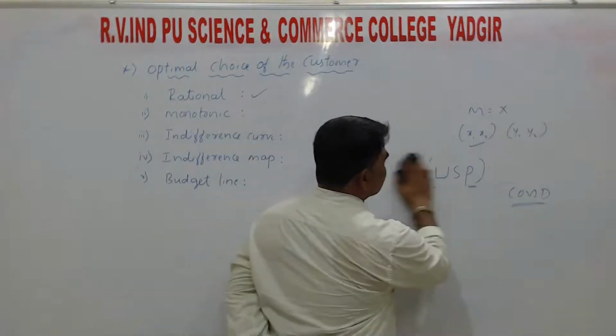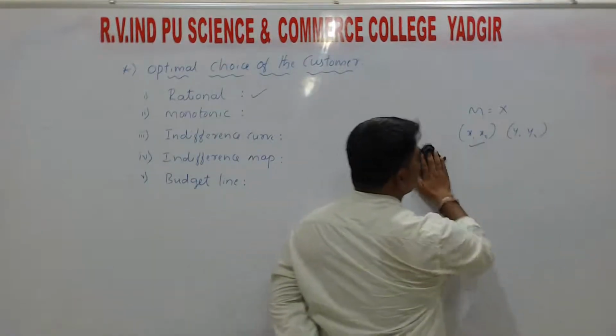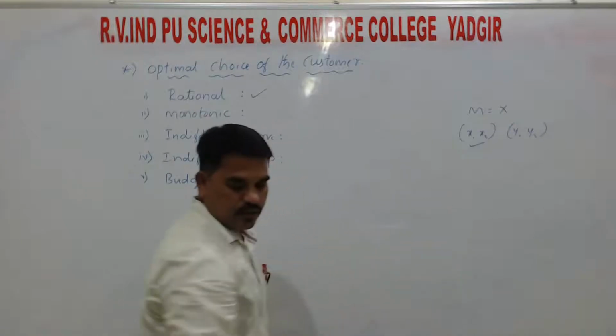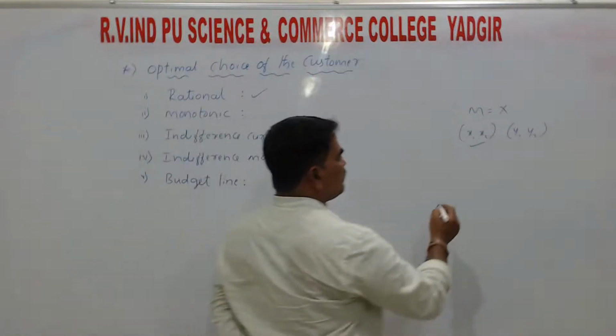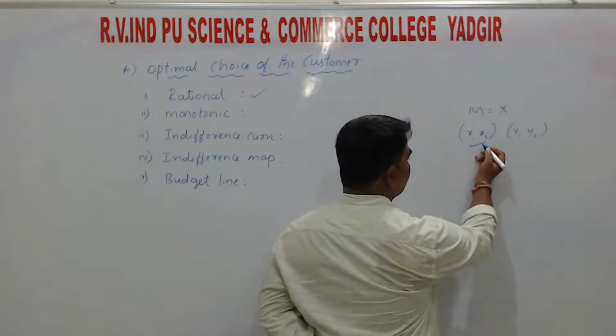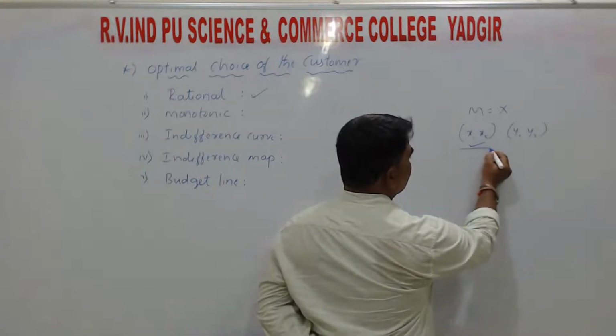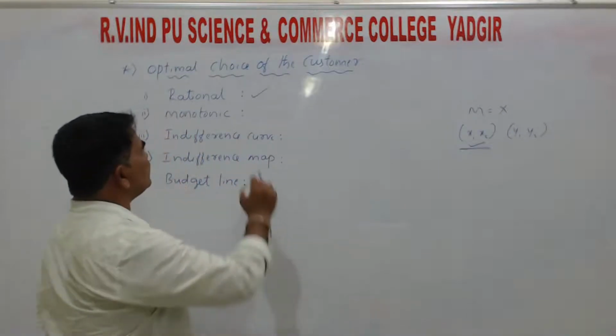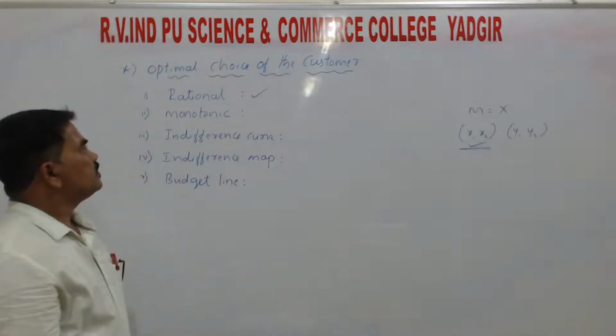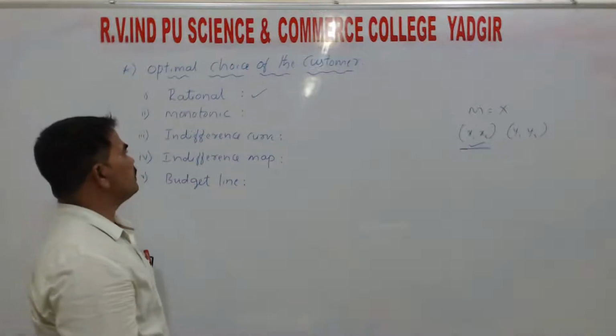So here, rational consumer means the consumer who knows what is good and what is bad for him, and he will select such a bundle which gives him maximum satisfaction. So that person is a rational consumer.